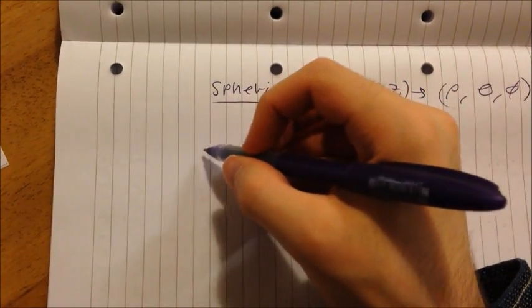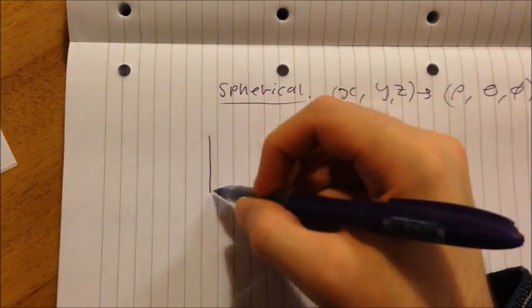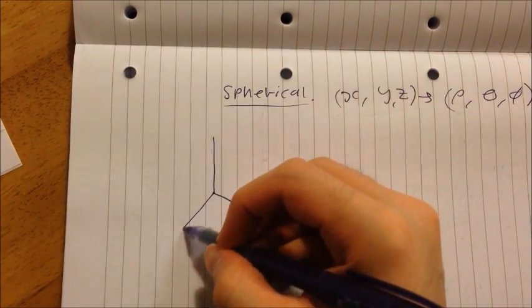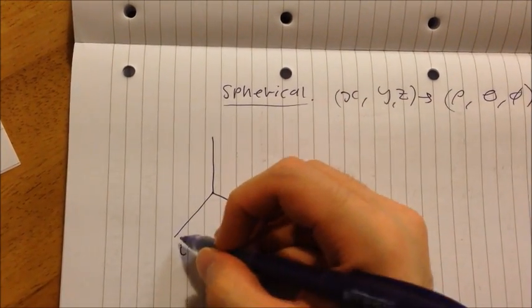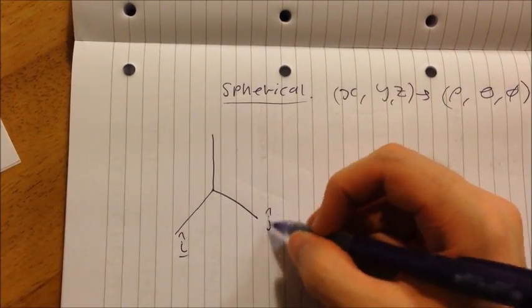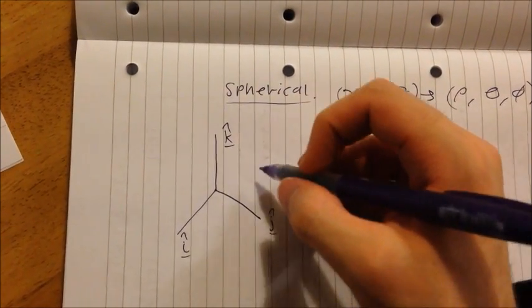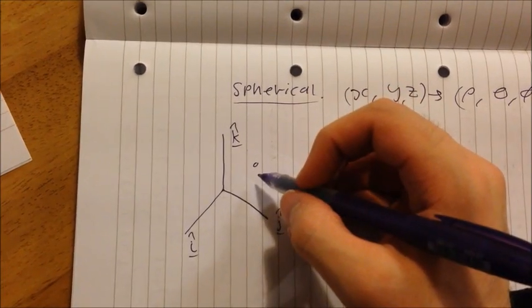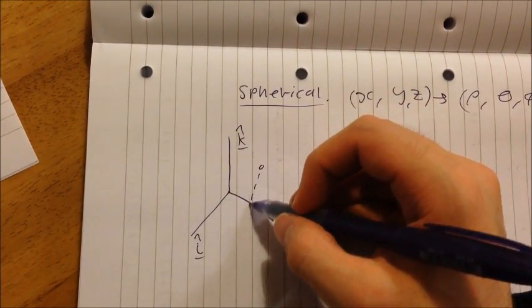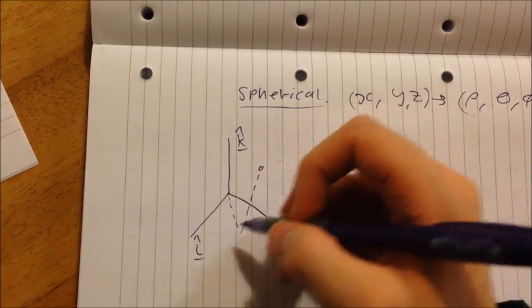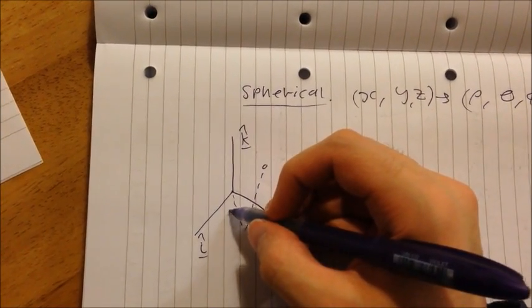So i, j and k. There's a point here. Here is phi.